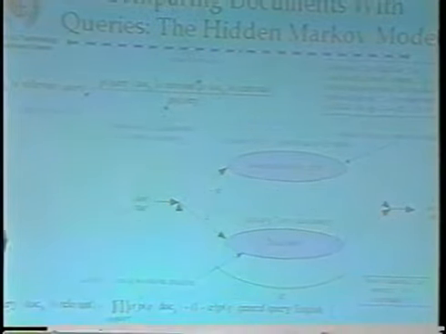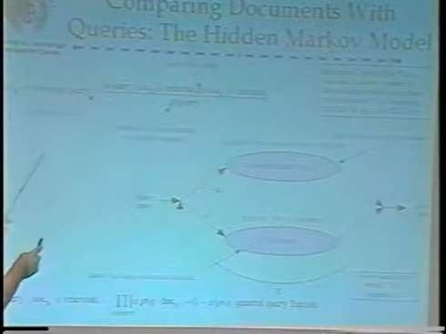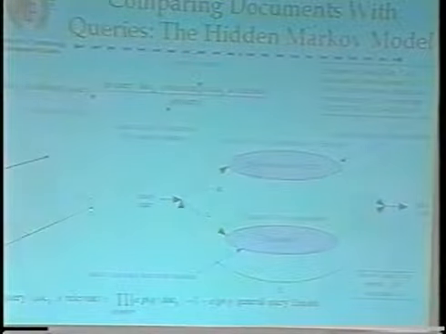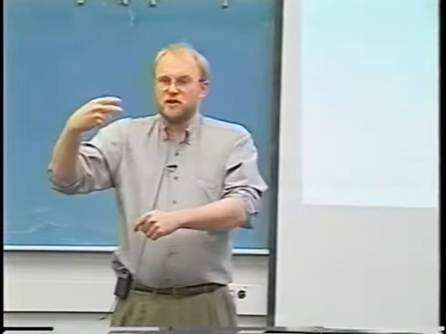But as a baseline system, these things get thrown away, and you're left with trying to calculate the probability of this query, given that you know the document is relevant. Okay? So we can build a little dinky hidden Markov model that has 2 states. The purpose of this model is to generate the query, given that you know that the document is relevant.